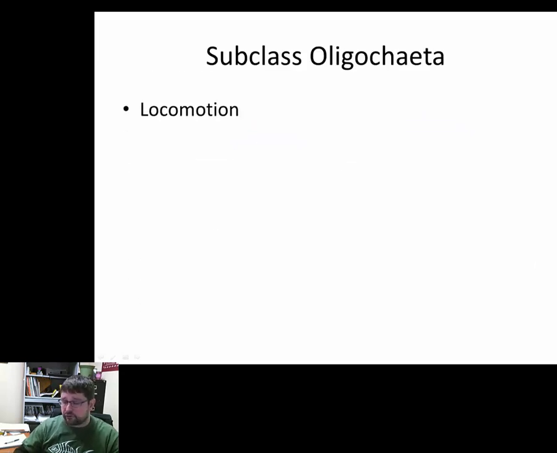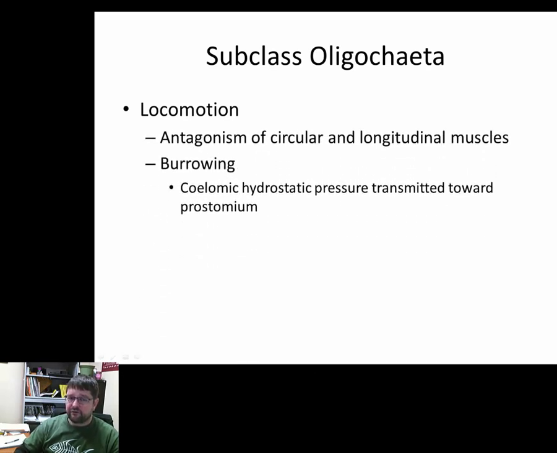So locomotion is a little bit different in oligochaetes than we saw in polychaetes, in the sense that there's no parapoda, so they're not firing muscle on each side independently. Instead, the muscles are in a circular ring, so they can fire each ring independently, which will cause the organism to snake through the environment, or extend its body through the environment.